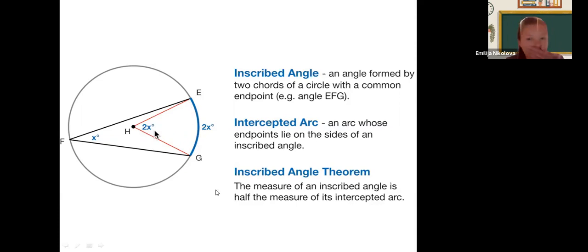And now we have the inscribed angle theorem: the measure of an inscribed angle is half of the measure of its intercepted arc. That means that the angle inside that goes to the center of the circle is twice as big as this inscribed angle, 2x.